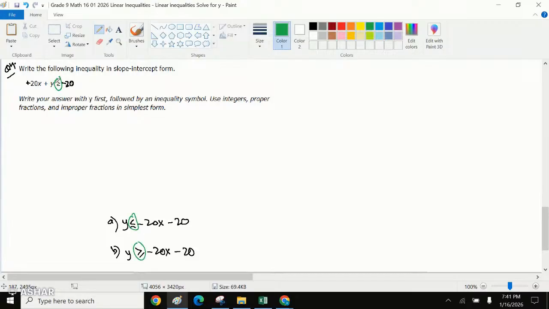So whatever the sign is here will be the sign of the answer, right? Yes, we can always verify. If we take it to the other side, minus 20x minus 20, this sign will not change. That means for this question, option B was the correct answer.